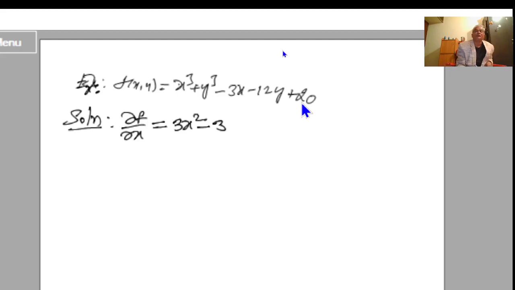Dou f by dou x equals 3x square minus 3, and dou f by dou y is equal to x cube derivative 0, y cube derivative is 3y square, minus 3x derivative 0, minus 12y derivative minus 12, plus 20 derivative 0. Okay.